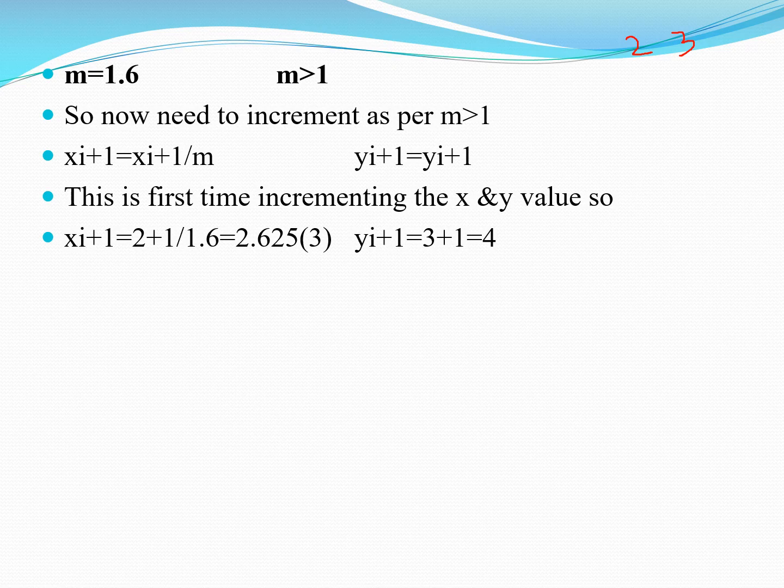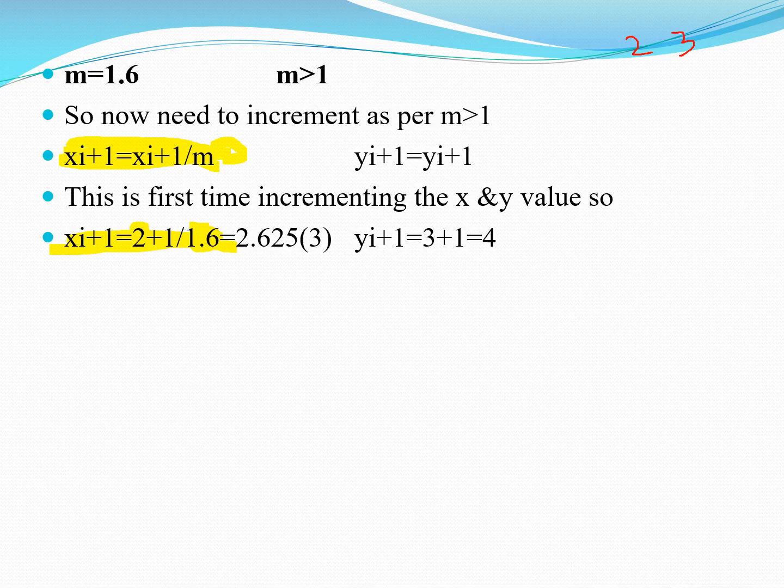So this is for the first x value, right? Why are we taking 2? It is the first initial value of x, and this is your slope value. If the slope value is greater than 1, then this is how we increment the x value: x i plus 1 upon the slope value we get.